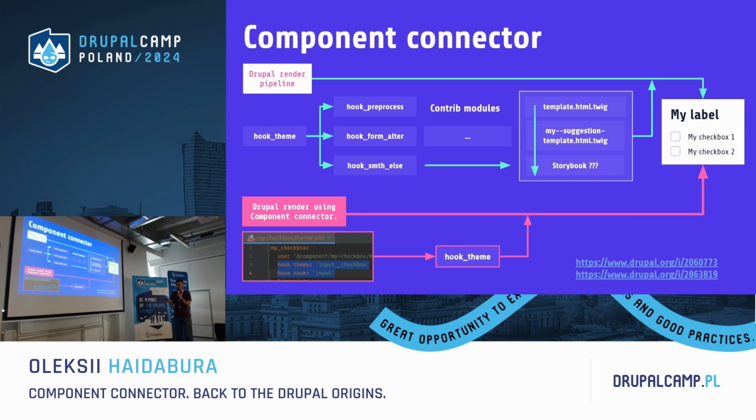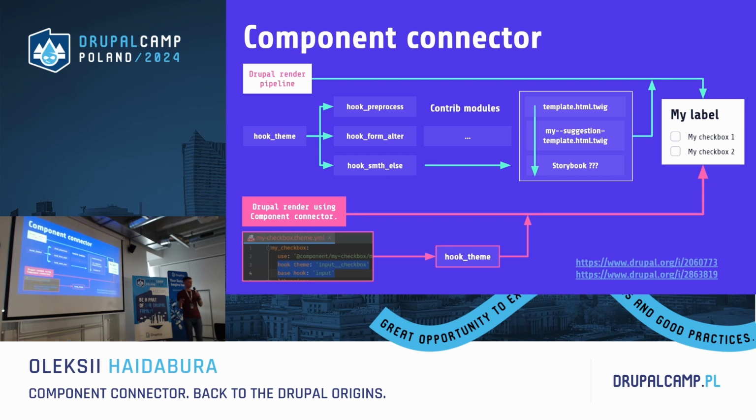So that's the question. What Component Connector does is that we have only one small YAML. Just take a look. It's only 1 or 2 lines here. And this YAML, with your Twig, with your CSS and JS as libraries, are integrated in Drupal and become a hook theme.